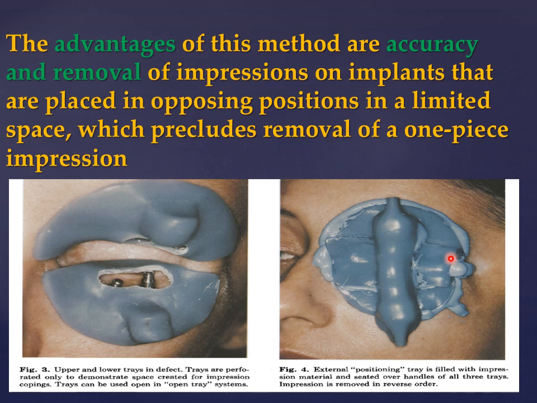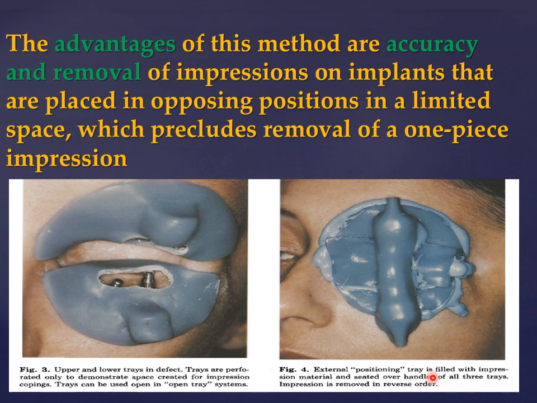Then upper and lower trays will be placed in the defect. Trays are perforated, and only to demonstrate the space created for impression coping, and the trays can be used in an open tray system.